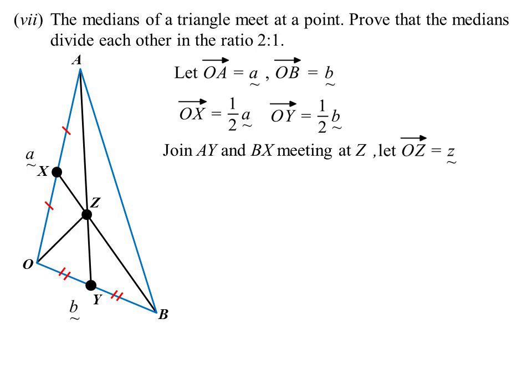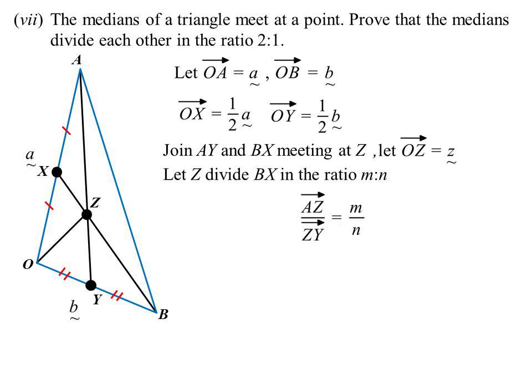The position vector for Z is going to be handy. So let's call that Z. Now, Z is going to divide in some ratio. I'm going to call it M to N. So I know that the ratio of AZ to ZY, those vectors there, is M to N. So therefore, playing around with it, I get that N lots of AZ is M lots of ZY.